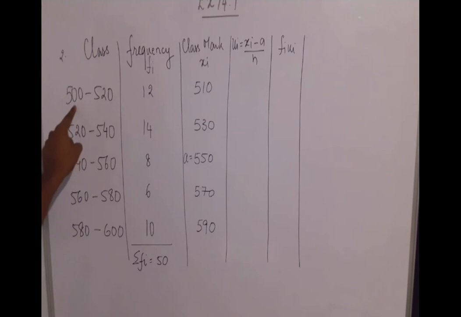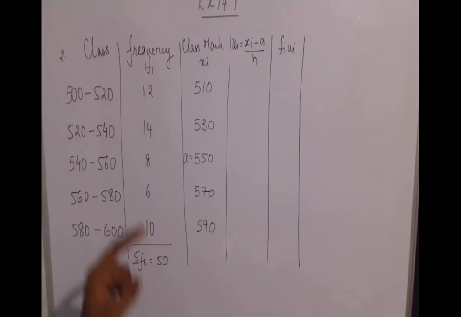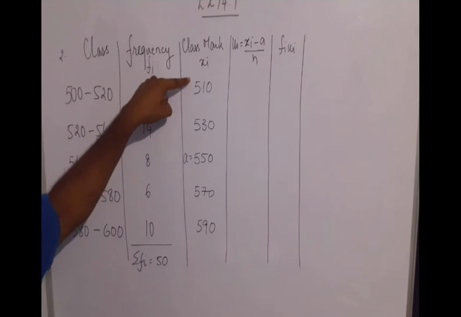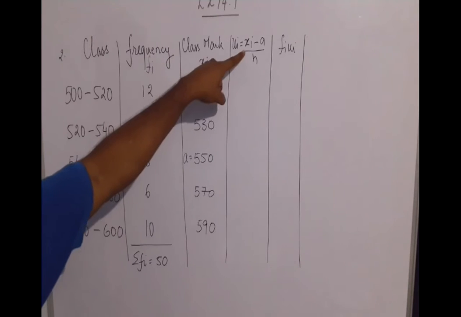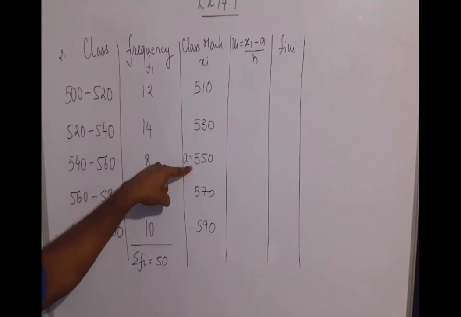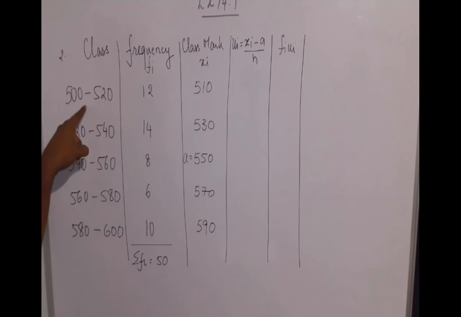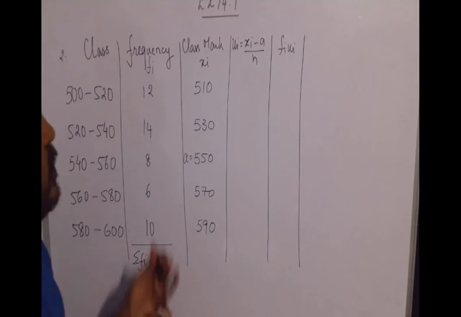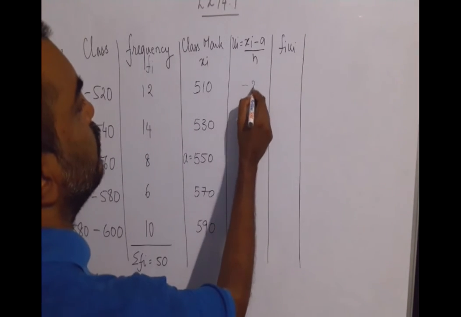So 520 minus 500 is 20. So our class length is 20. 540 minus 520 is 20. So the class length is 20. Now let us continue. xi for this class: 510 minus 550 is minus 40, and minus 40 divided by 20, the h, will give us minus 2.